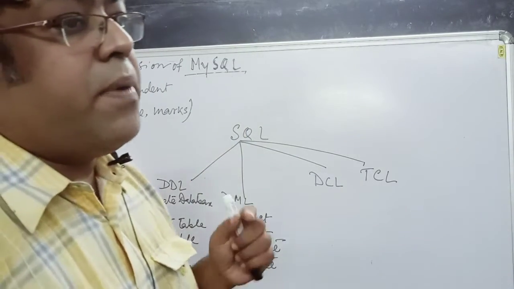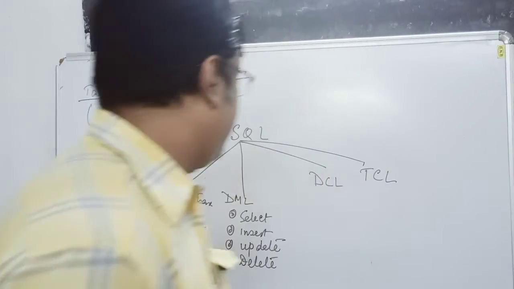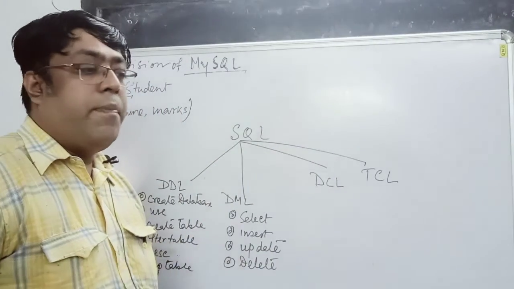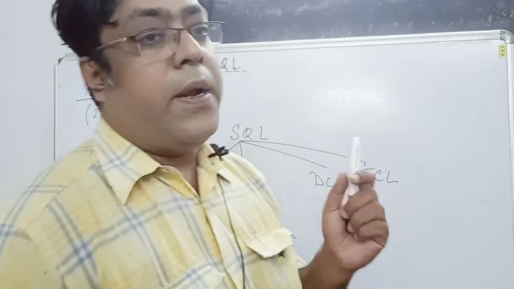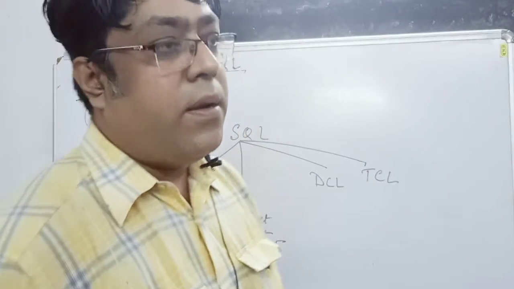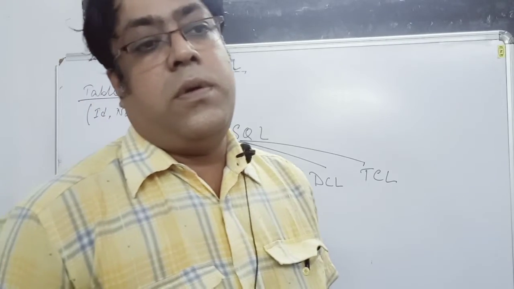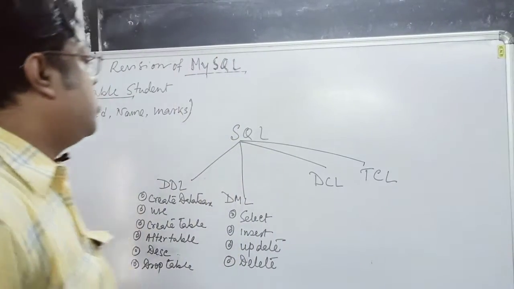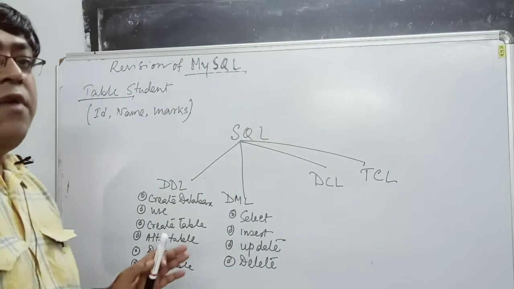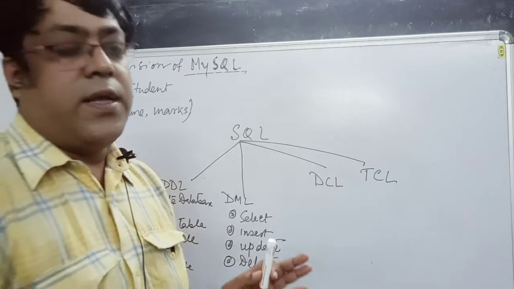Insert, to insert a particular record in a table. Update, to update a particular record in a table. Delete, to delete records from a table. So these commands are very useful for us.